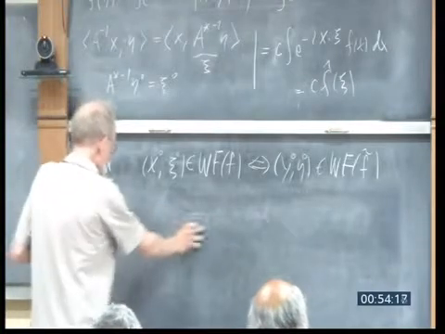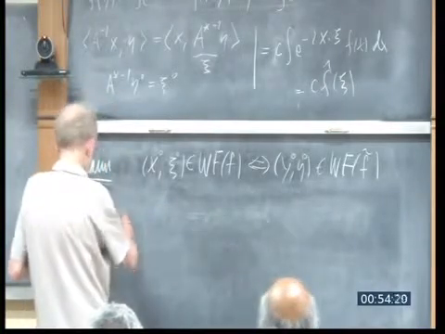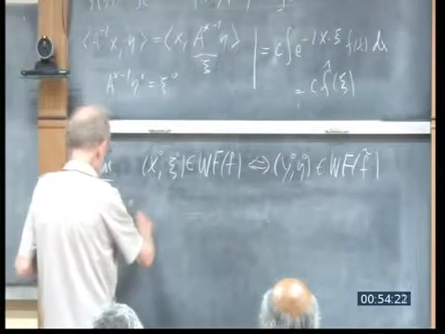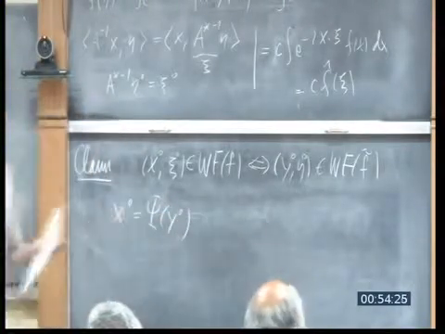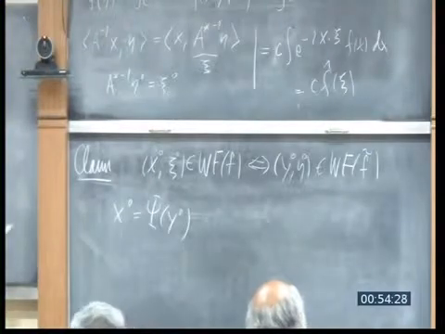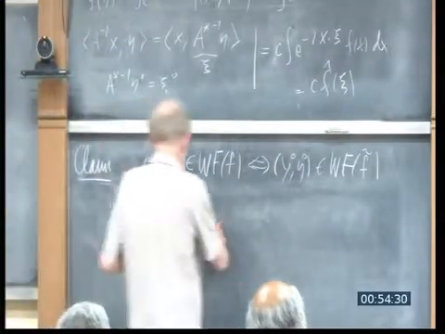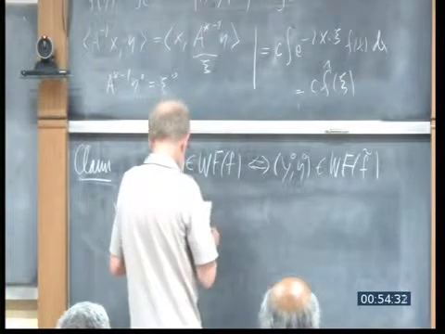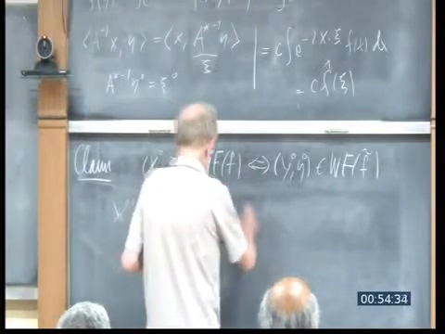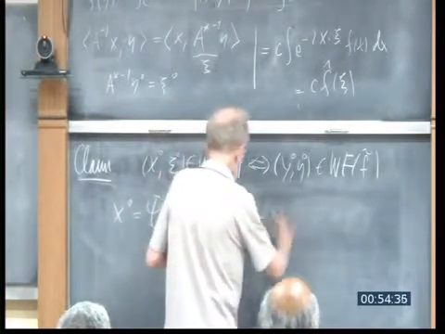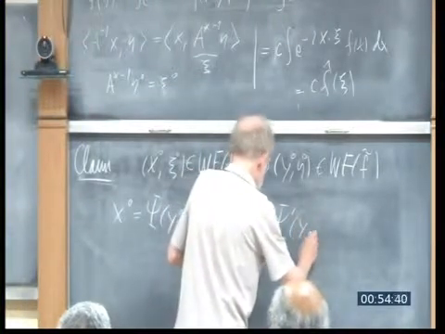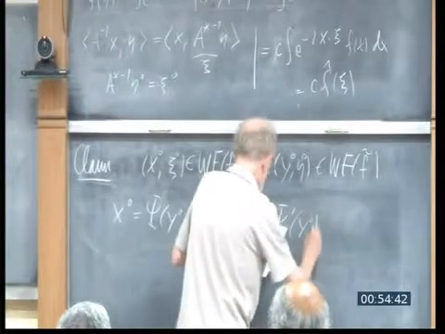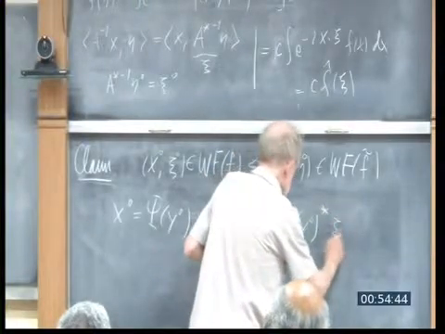So corresponding to this, we have of course x0 equal to psi y0. Must be corresponding points. And corresponding to the other statement, we get eta 0 equal to psi prime y0 star c0.